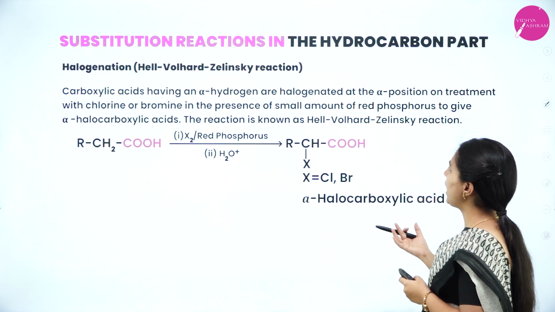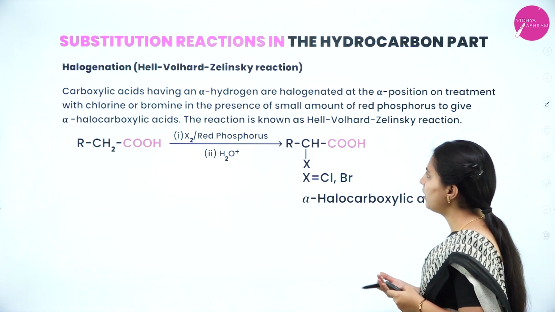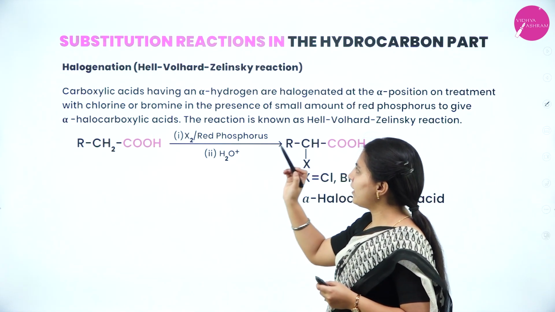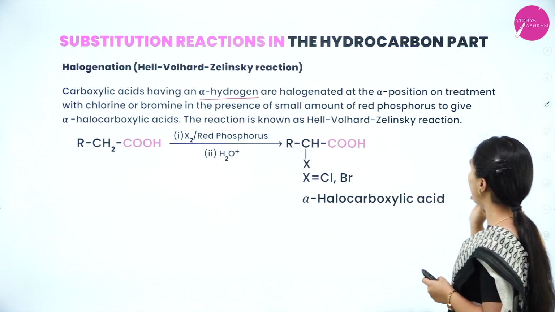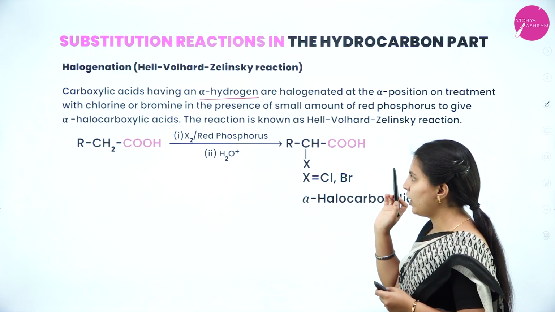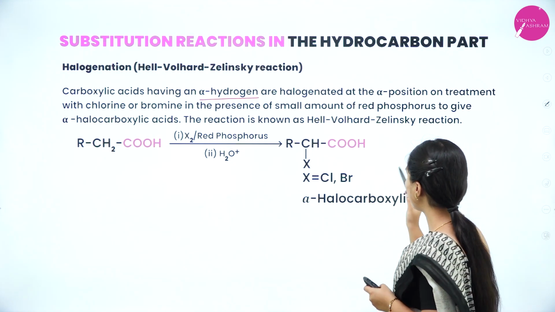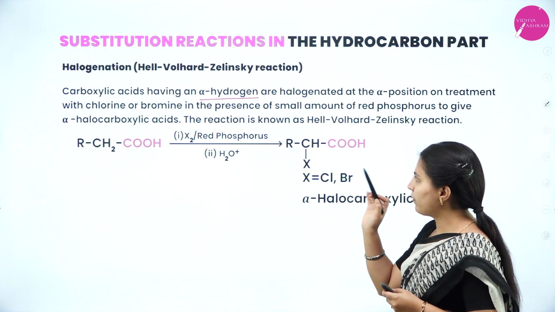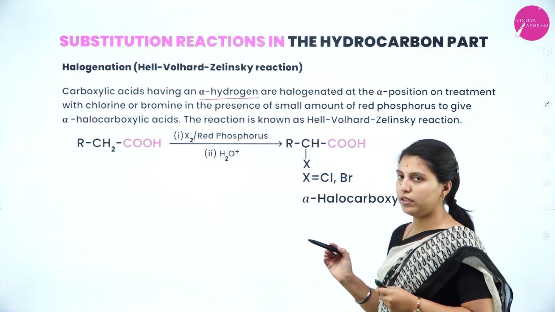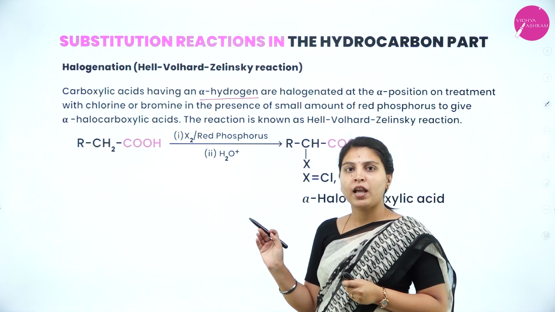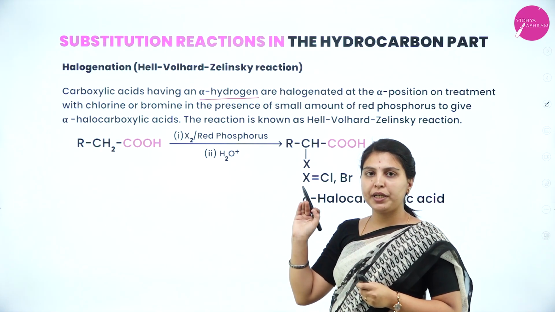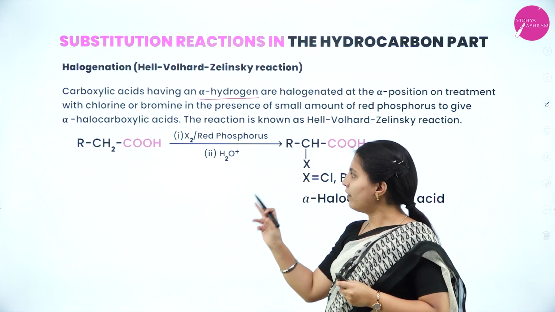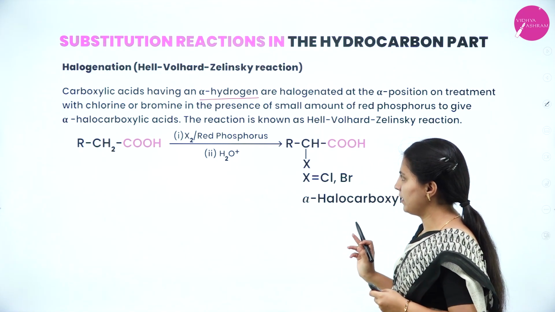Next, substitution reactions in the hydrocarbon part. Halogenation. Carboxylic acids having alpha hydrogen are halogenated at the alpha position on treatment with chlorine or bromine in the presence of a small amount of red phosphorus to give alpha halocarboxylic acid. Here also, having alpha hydrogen, in the alpha position only halogens will be added to form alpha halocarboxylic acids.